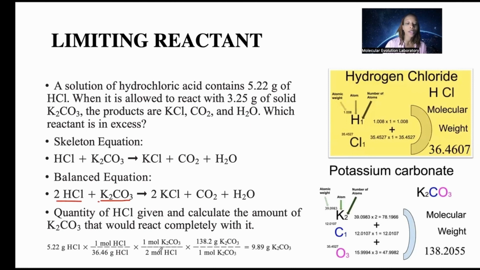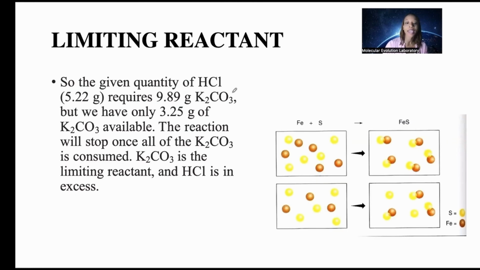So 1 mole of K2CO3 divided by 2 moles, times 1 mole of K2CO3, is equivalent to 138 grams of K2CO3. Naturally, we get this by finding the atomic weights of potassium, carbon and oxygen, and adding them up for 1 mole of K2CO3. So you basically end up with 9 grams of K2CO3. So the given quantity of HCl, which is 5.22 grams, requires 9.8 grams of K2CO3, but we only have 3.2 grams of K2CO3 available.